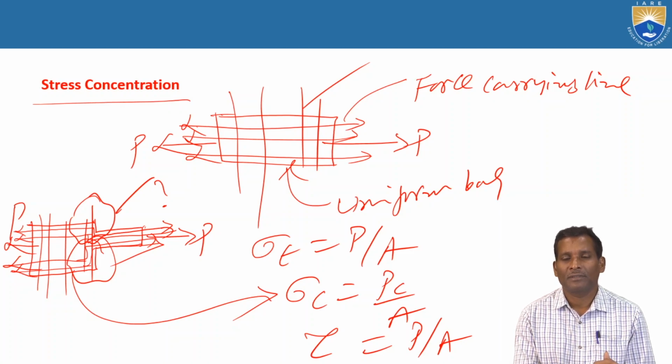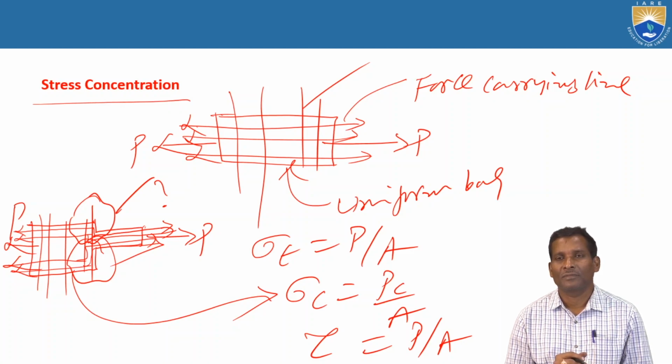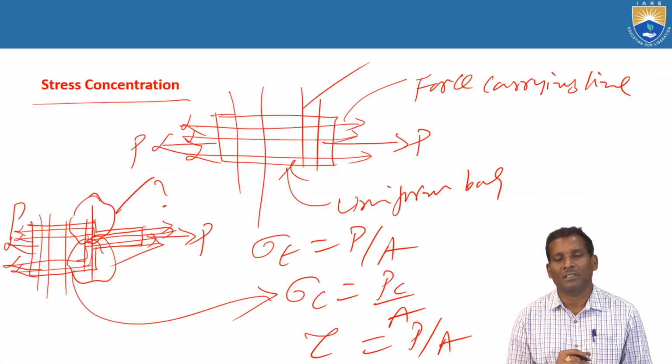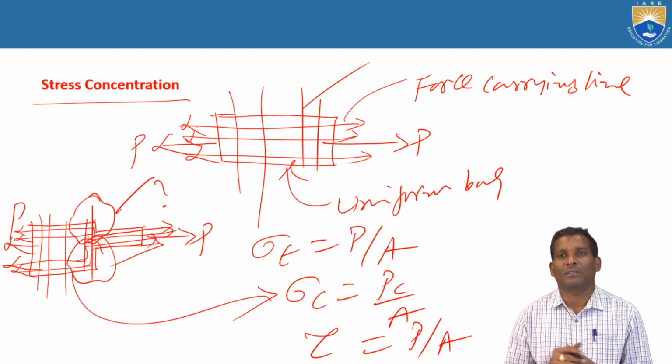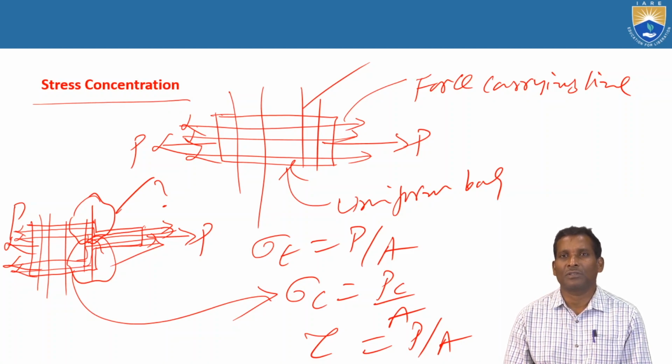So we need to calculate the theoretical stress concentration factor, which is the ratio of localized stress to normal stress. You should multiply this factor with the endurance limit. And how do you reduce the stress concentration?